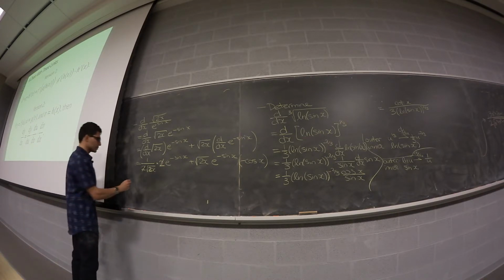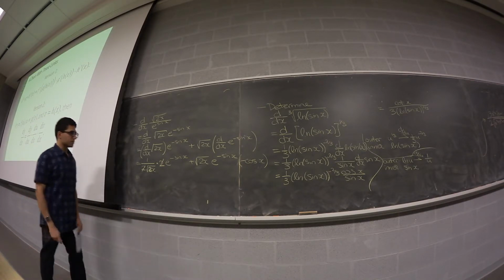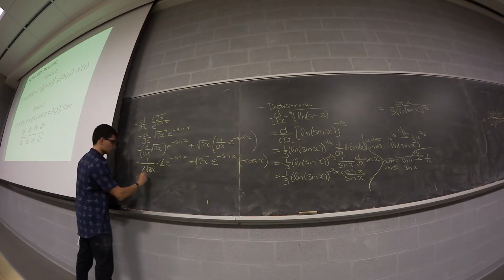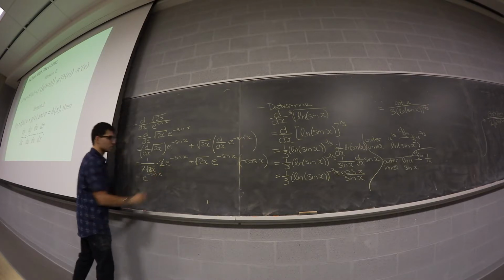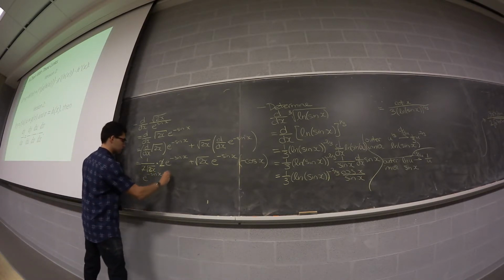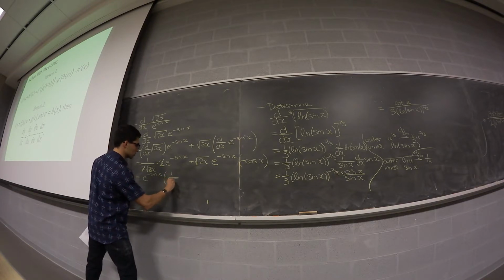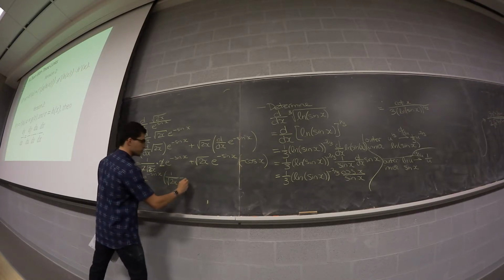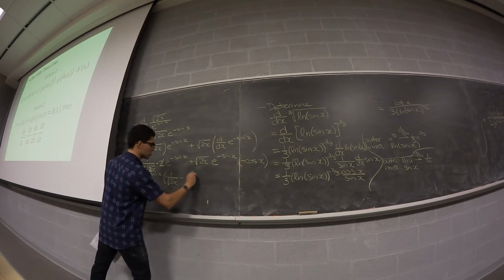All right. You're pretty much done. If you want to factor something out, you can do that. And there's a few ways of rewriting this as well. Okay, e to the minus sine x, 1 over root 2x, minus root 2x cos x.